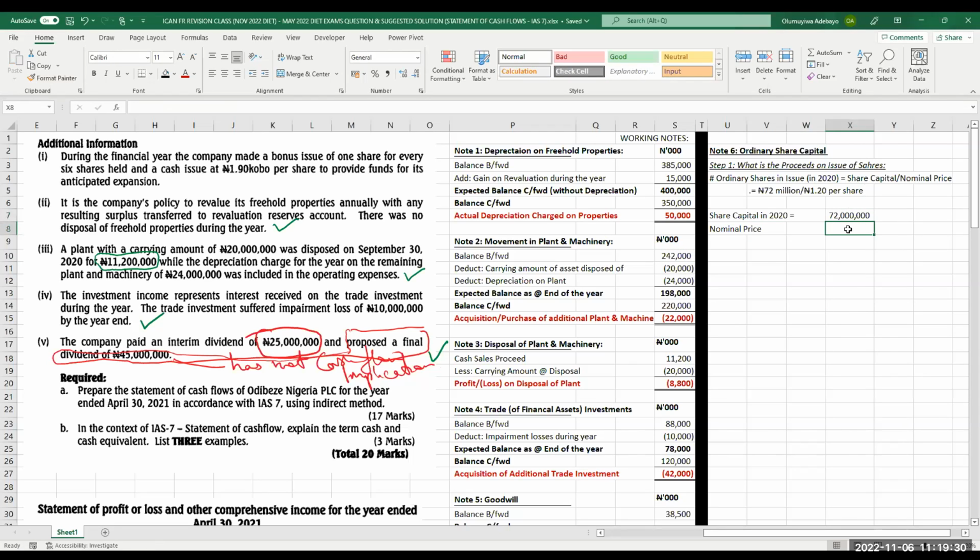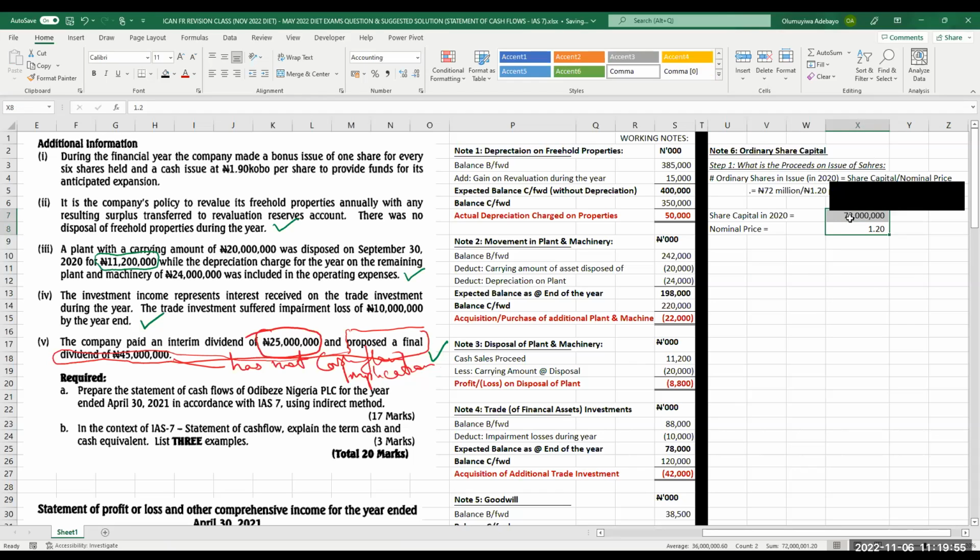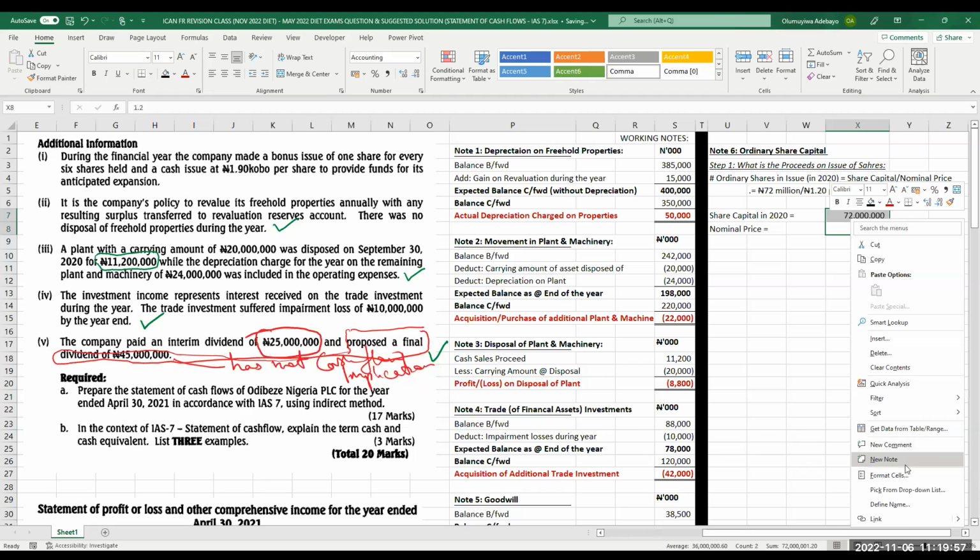And my nominal price is £1.20. Let me put both in there.